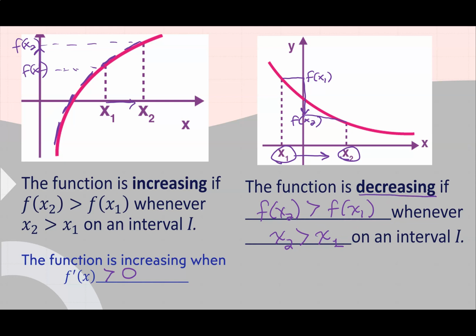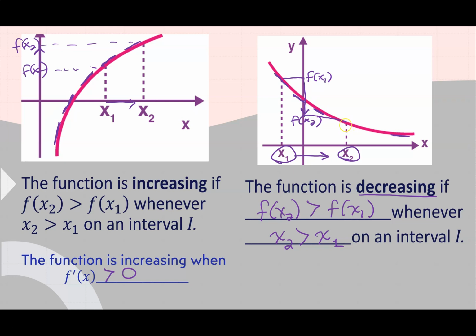So that's the definition, right? Now, if we were looking at the slope of the tangent line of a decreasing interval, what do we notice about the slope of those lines? Those are downhill lines.